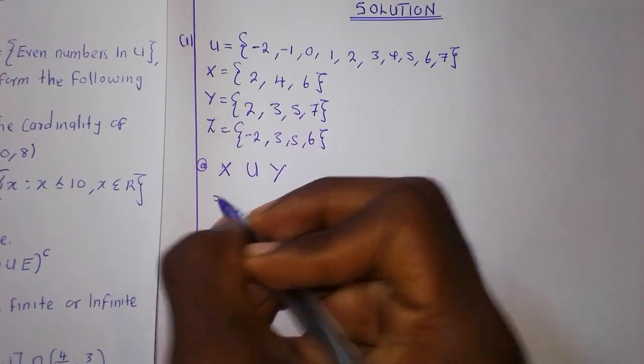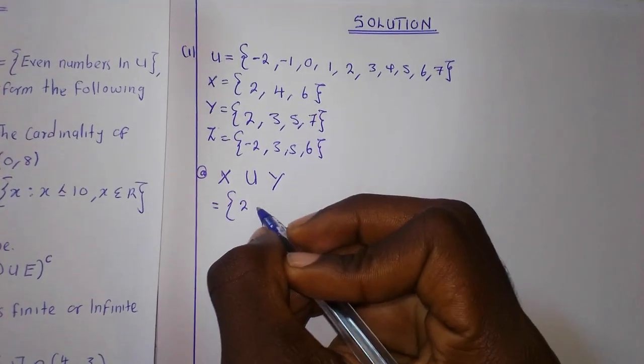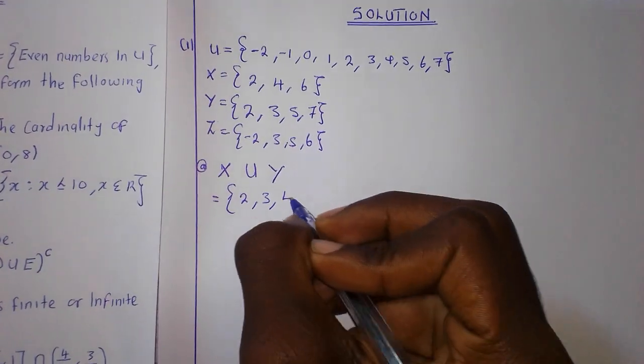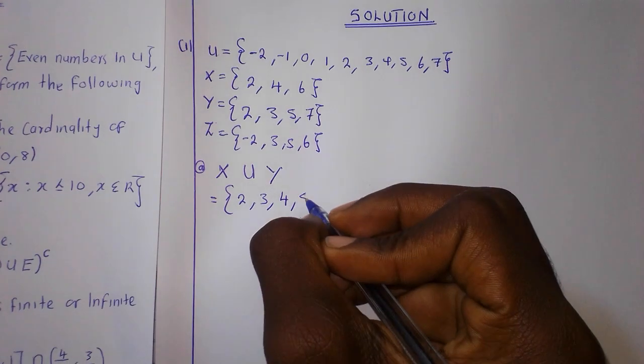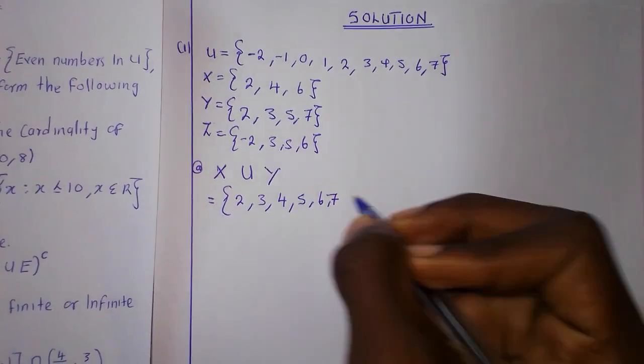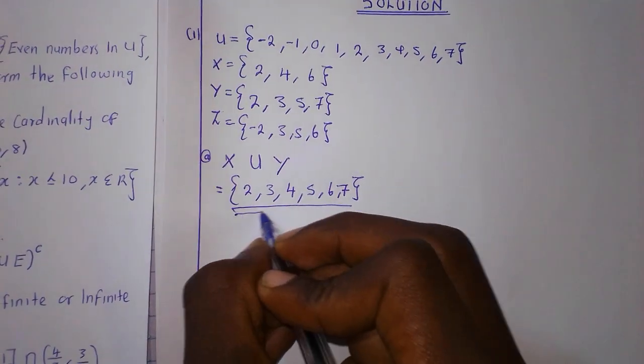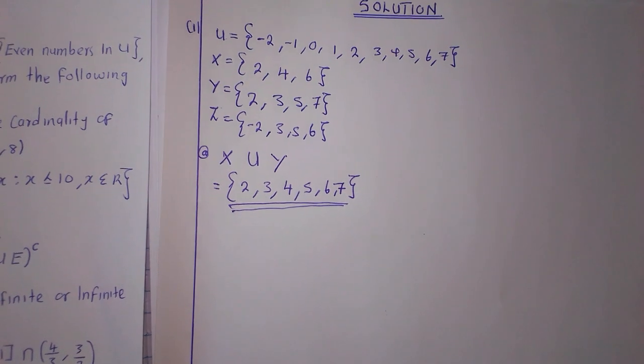So this particular set is going to be 2, 3, 4, 5, 6, and 7. That is the answer to this question.